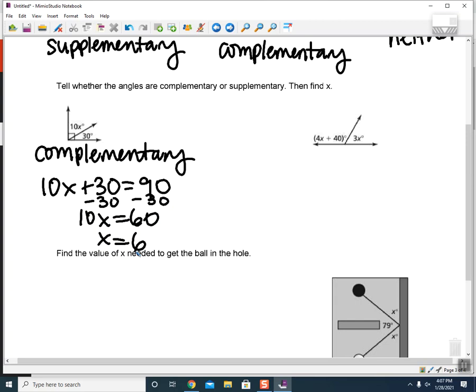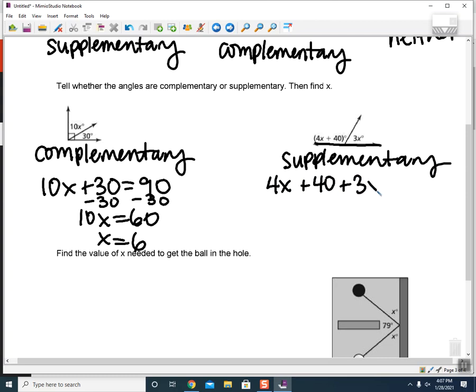Okay? Easy enough. This one, then, forms a straight line right here. That means these are supplementary, 180. So this one, it has more x's, but it's the same concept, right? So I'm going to take 4x plus 40 plus 3x, and this time that needs to equal 180 degrees.